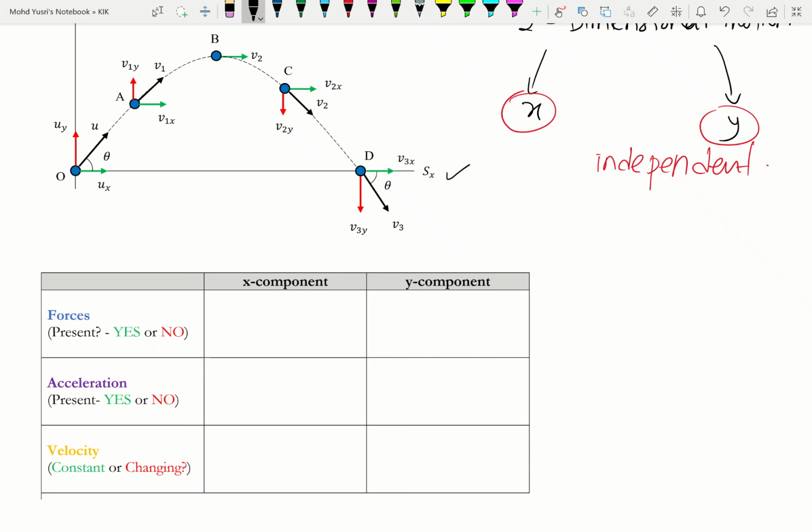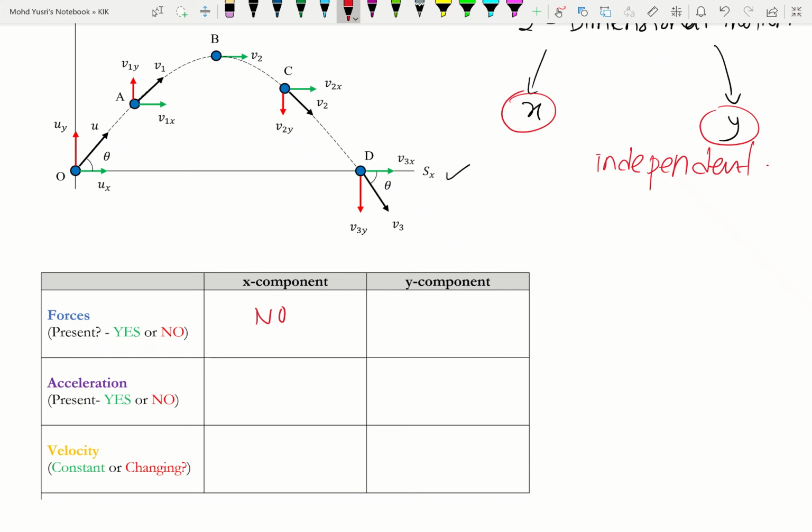For the forces, since we ignore any air resistance in our syllabus, there is no force acting in the x component. Therefore, the object will move with constant velocity.